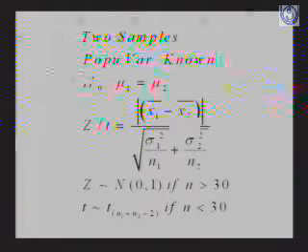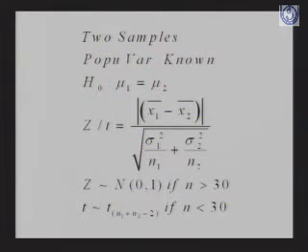Once again, here we will consider the difference of the two sample means x1 bar minus x2 bar, and in the denominator we will have the expression square root of sigma 1 square by n1 plus sigma 2 square by n2.